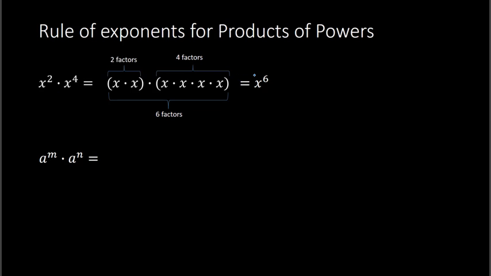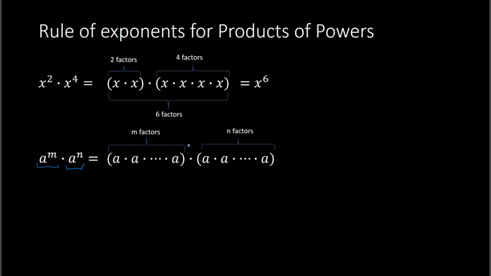Now in general, here we see this expressed in math notation. So we have a to the m power times a to the n power. This means here we have m a's multiplied together, so m factors of a. Here we have n a's multiplied together, so n factors of a.